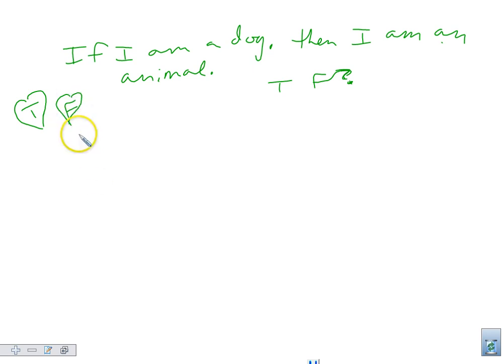So, 3 more words and then we're done. There's inverse, converse, and the long one, contrapositive.